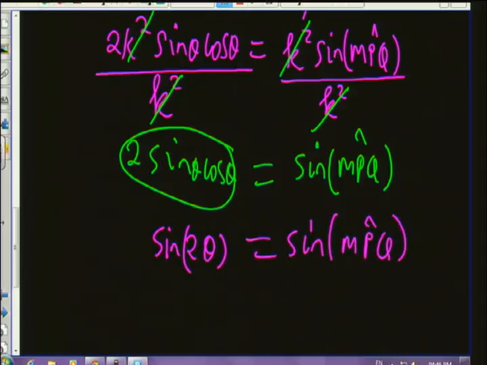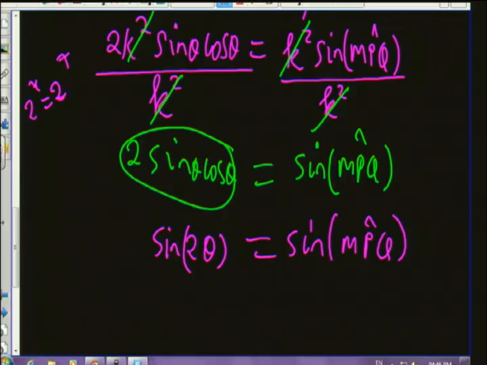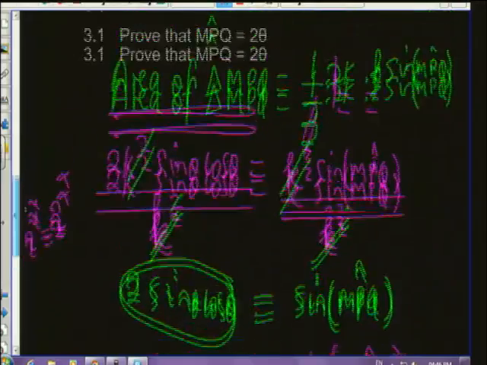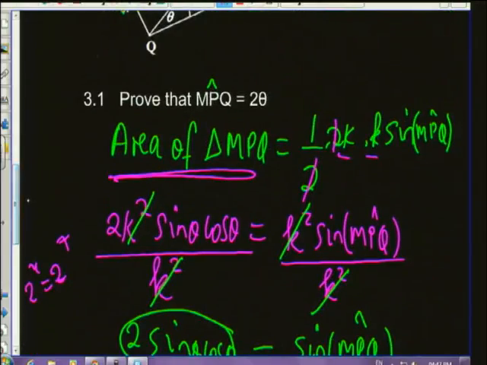Remember, if K squared equals 4 squared, then K is 4. Or if 2 to the x equals 2 to the 7, the bases are the same, so x is 7. So now I've got sine on both sides, therefore 2 theta is MPQ. So you have proved that MPQ is 2 theta. That's what they were looking for.